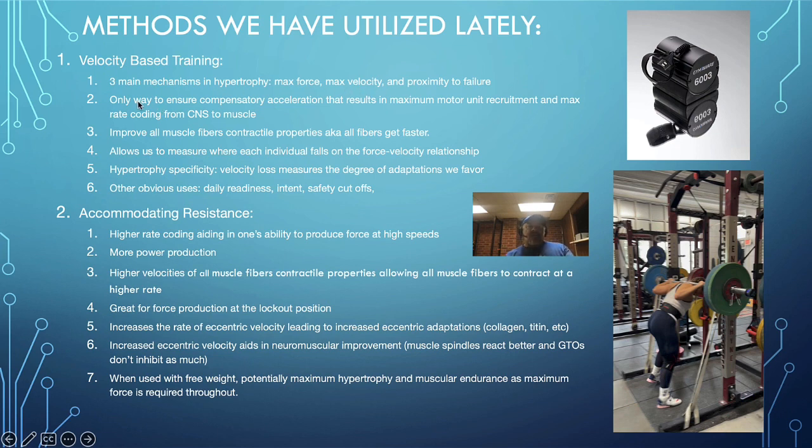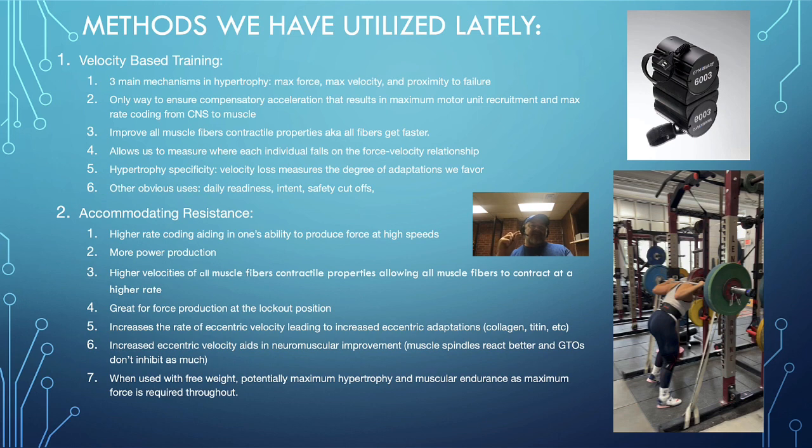So, the only way to ensure compensatory acceleration that results in maximum motor unit recruitment and max rate coding from CNS to muscle is with velocity, because that's the only way that you can. I mean, eventually, an athlete, maybe 5 years down the road, will know their body enough of what it means to have that intent of accelerating through a movement all the way to the tip top.